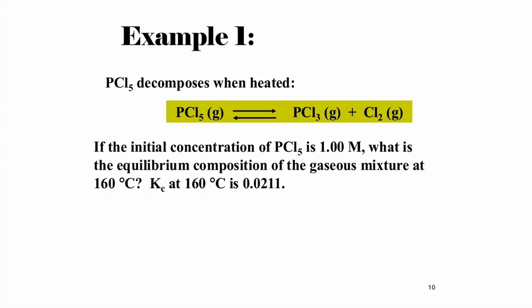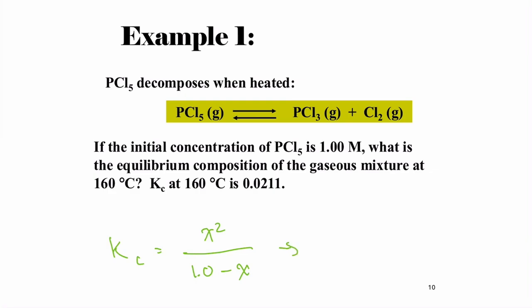Expression for this is Kc is x squared over 1.0 minus x, right? And so you rearrange this into the form of a quadratic equation.